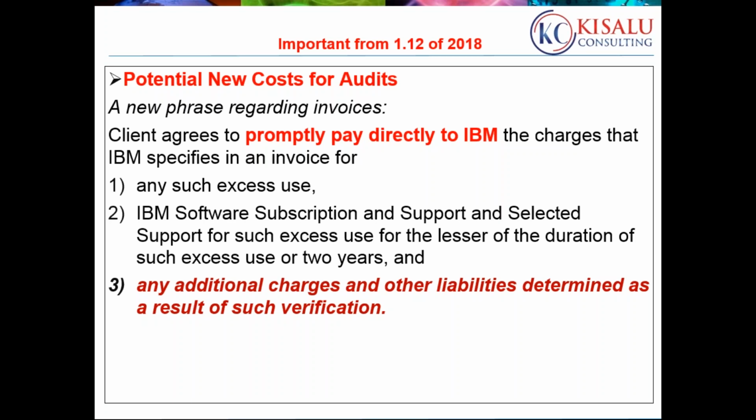There's a new phrase that deals with invoices where the IBM client agrees to promptly pay directly to IBM the charges that IBM specifies in an invoice for any excess use of IBM software if they found anything in excess, and also for any IBM software subscription and support and selected support for such an excess, or the lesser of the duration of such an excess use or the 2 years, which usually they do as 2 years back pay.